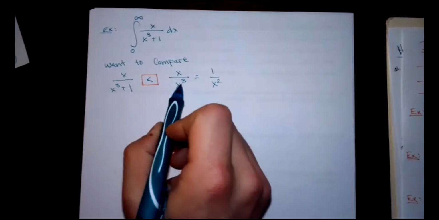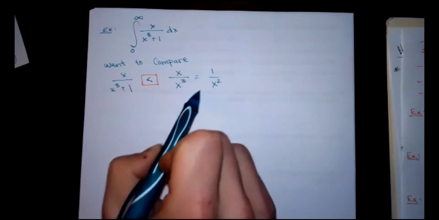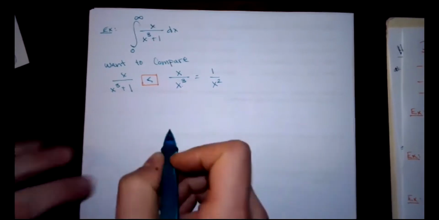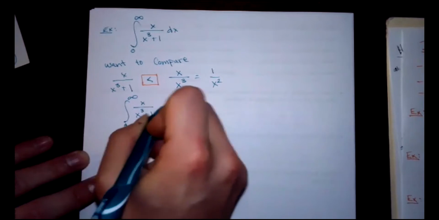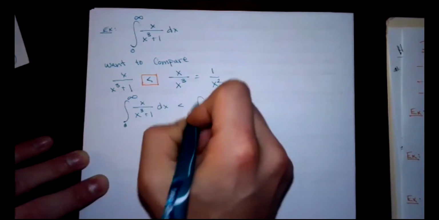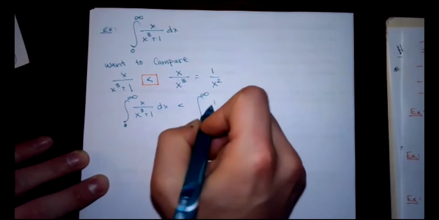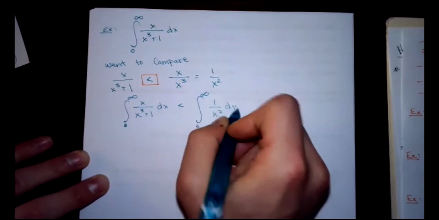In general. However, we do have to worry about what's going on with these small numbers. Because if this were a constant bigger than 0, this would hold. The problem is at 0, what's going on with this guy? This one's going to blow up to infinity. So it's going to get really, really big, and I can't actually compute that integral. So we've got to be careful, because this comparison, while true, isn't quite the correct conclusion yet.